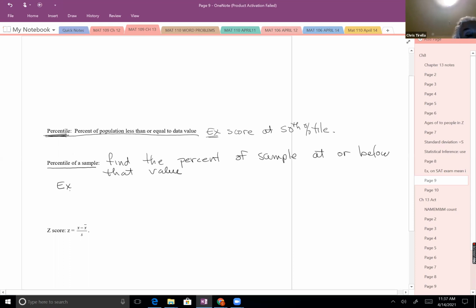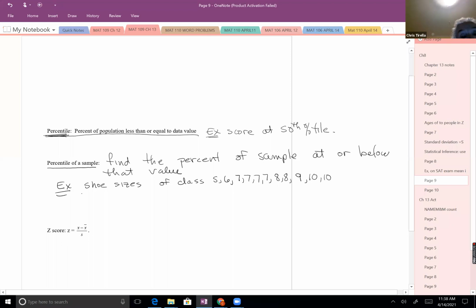Let's say, for example, we had shoe sizes of the class. And they were in order 5, 6, 4 people had a 7, 2 people had an 8, 1 person had a 9, and 2 people had a 10.